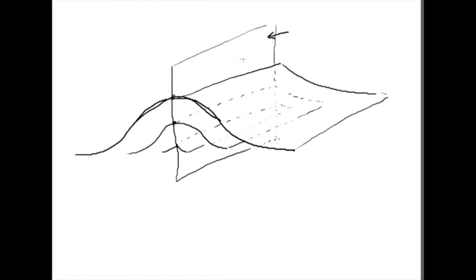So this plane that's formed by connecting all these points in 3 dimensions, the peak of the fold, is called an axial surface. So these points where the curvature is the greatest, let's label these.